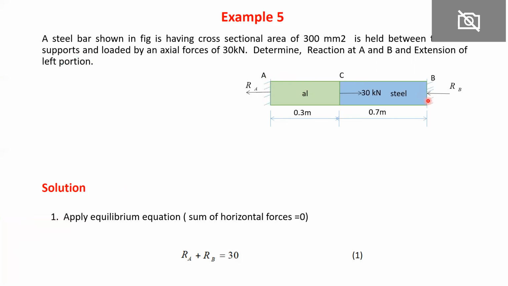This is not there in the first case. In the second case, it is there only on one side. But this is a third category problem. It belongs to rigid supports. This is called rigid supports placed on both the ends.